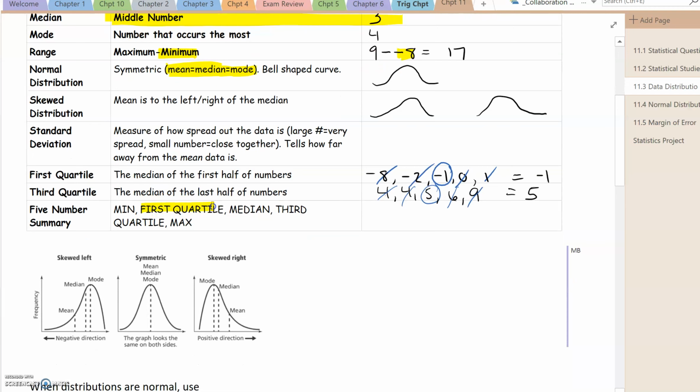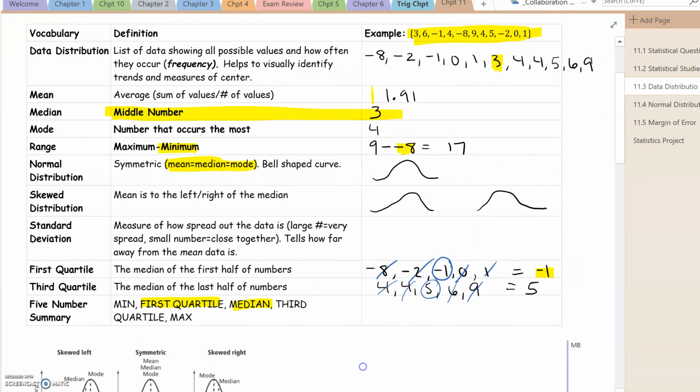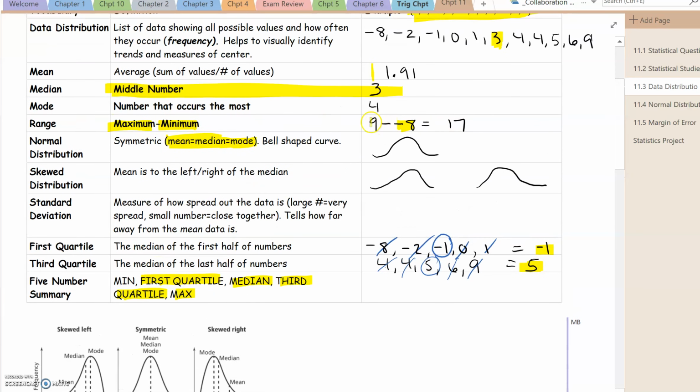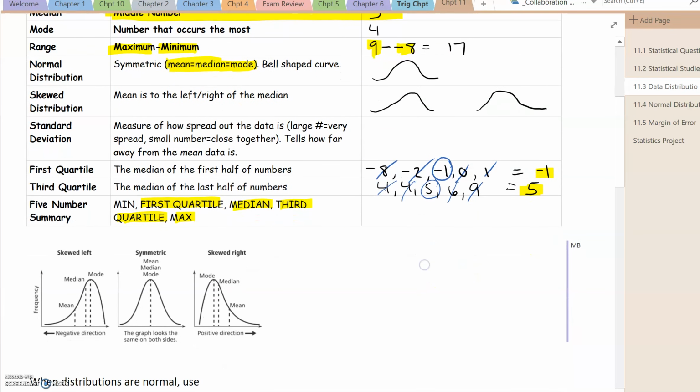Your first quartile, which again we've already found. Your median, which we've already found. Middle number, already highlighted. Third quartile, again we've already found. Maximum, which we've already found. So your 5-number summary is information that you need to draw a box plot, but it's typically information that you already needed in order to answer questions about your data.